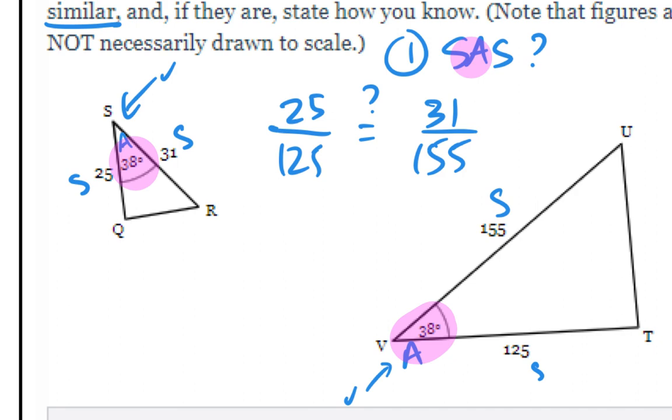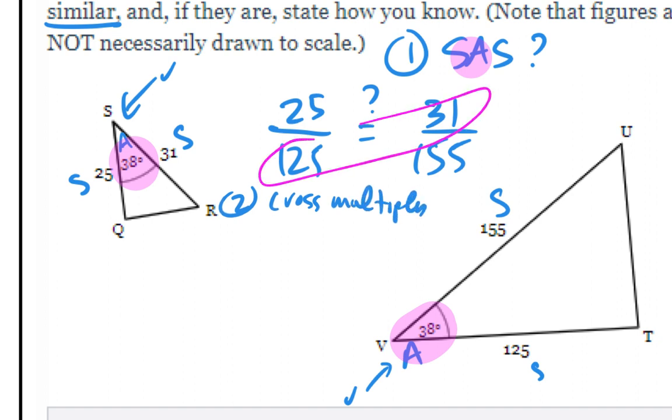So now step number 2, we're going to cross multiply, just like we've been doing before. So we would say this times this. If I did that, for instance, 125 times 31, let's put that in our calculator. 125 times 31 gives me 3875.